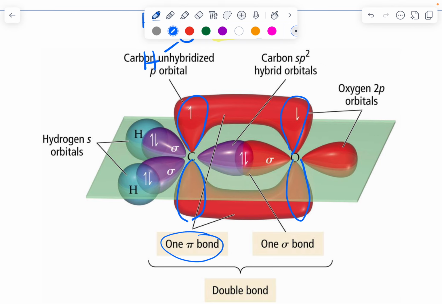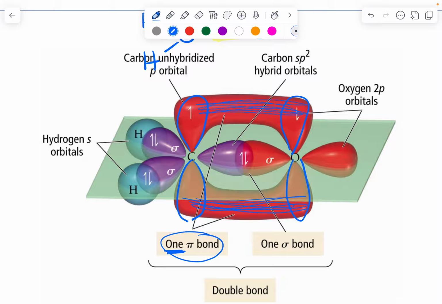And they interact, it's not really an exact overlap, but they interact above and below that sigma bond. Those two regions that I just colored in, that is one bond. Okay, that is one bond, even though it happens in two different spaces. Anytime you use two orbitals and interact them or overlap them, that just makes one bond.